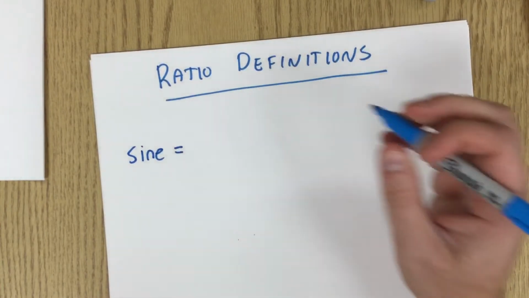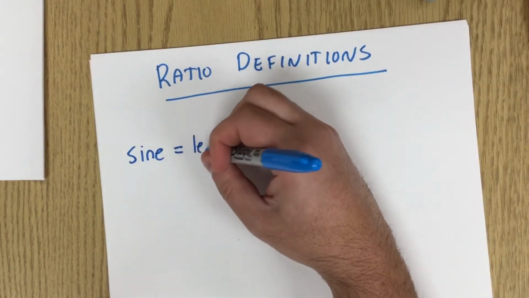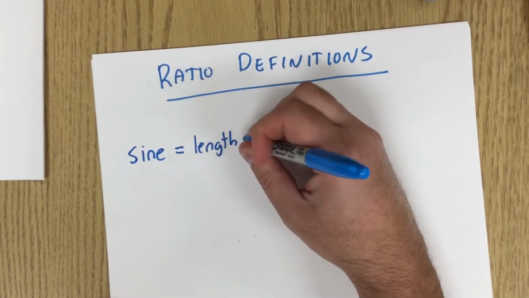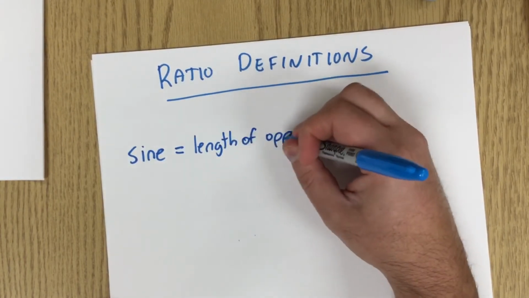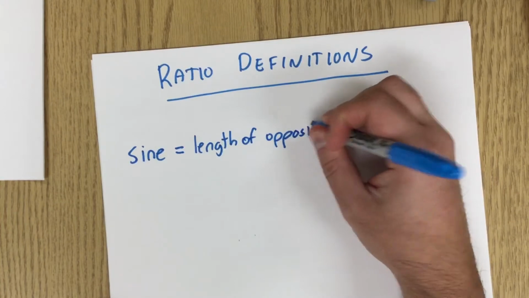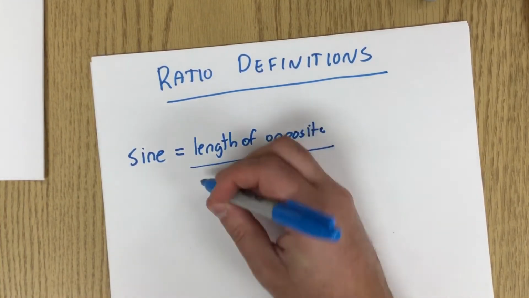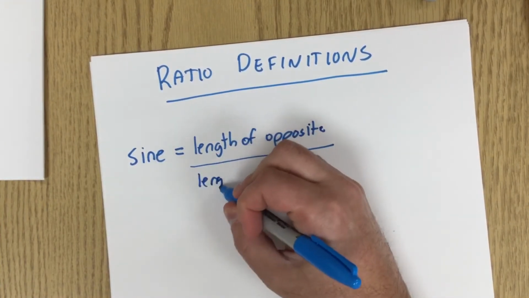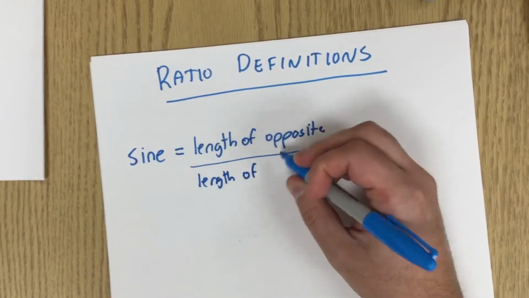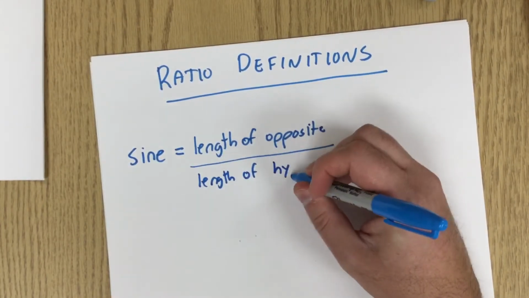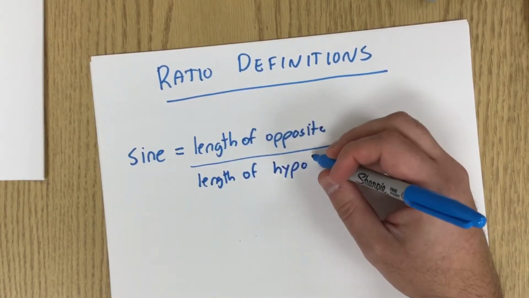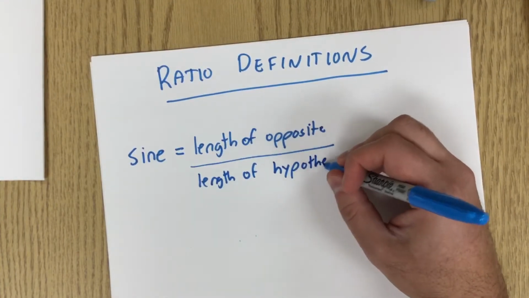And the sine ratio is defined as the length of the opposite side divided by the length of the hypotenuse. So the sine ratio is going to be a length divided by a length.